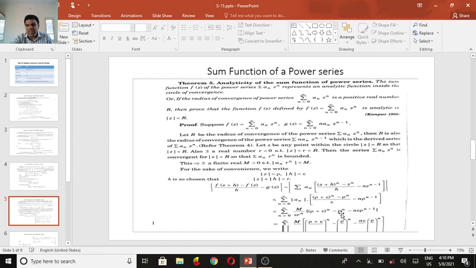Suddenly this number we can express in this form; this number is bounded.